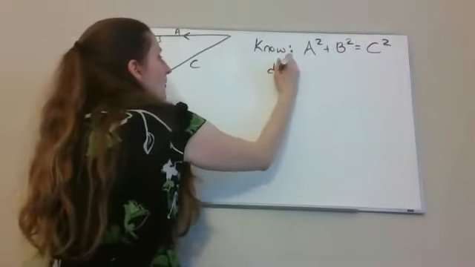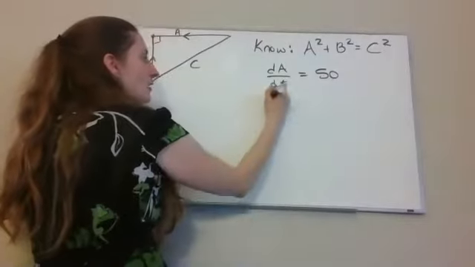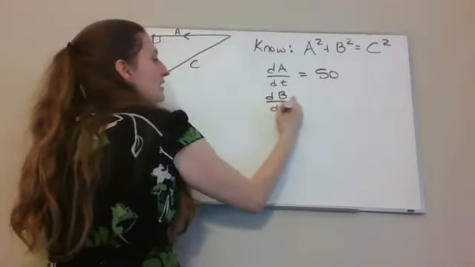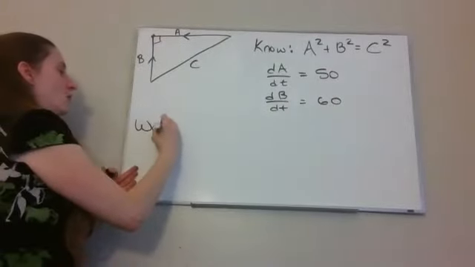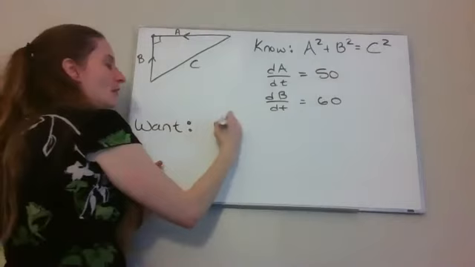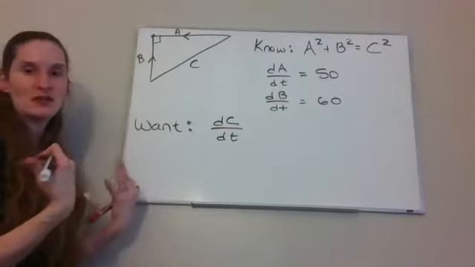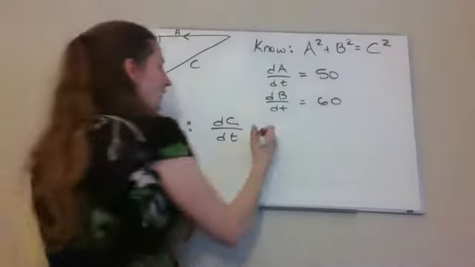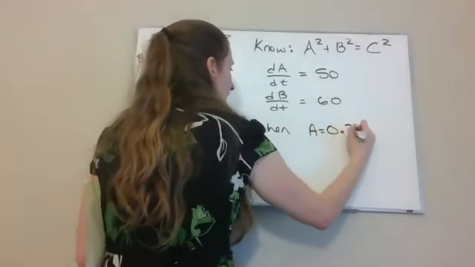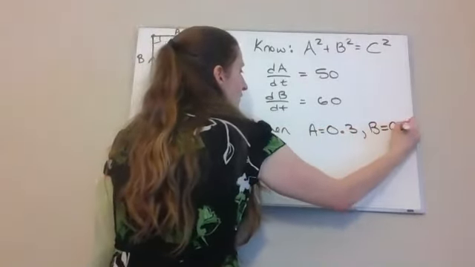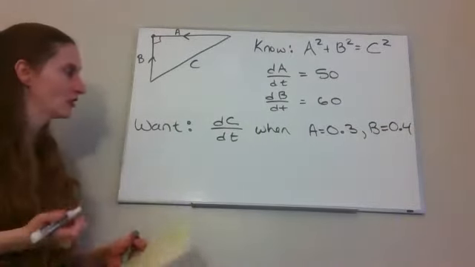I also know that dA/dt is equal to 50 miles per hour, and dB/dt is equal to 60 miles per hour. What do I want in this problem? I want to find dC/dt, the rate at which the two cars are getting closer together when a was equal to 0.3 and b was equal to 0.4, the distances away from the intersection.